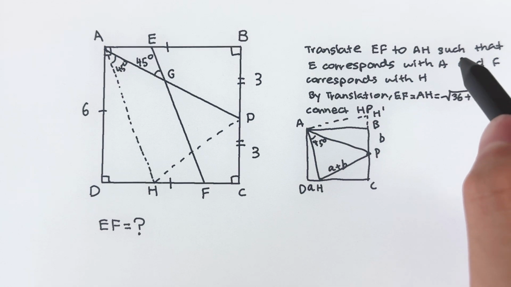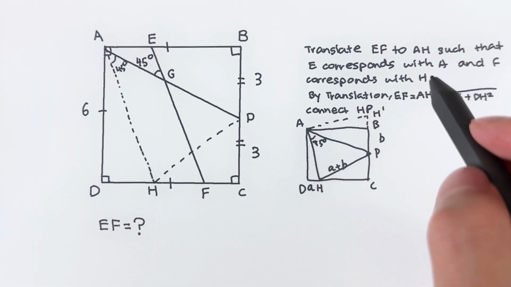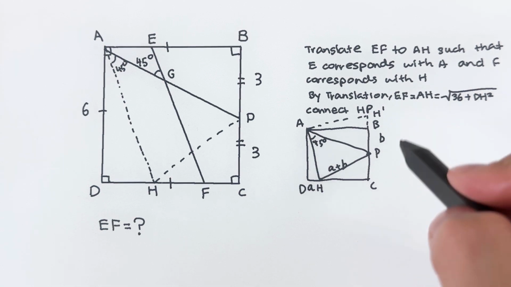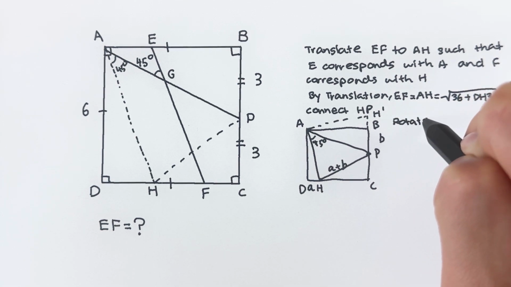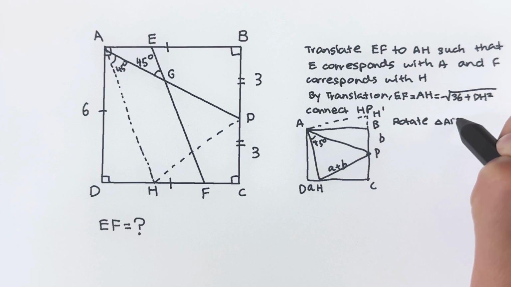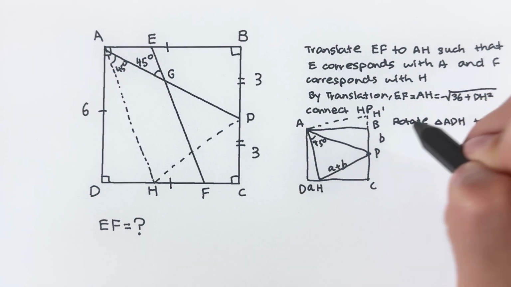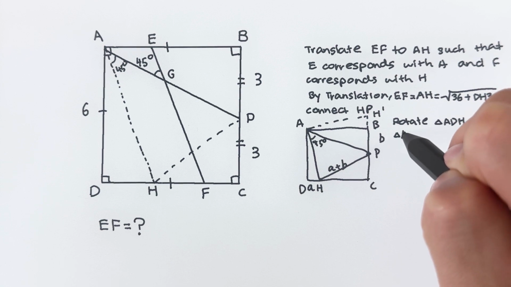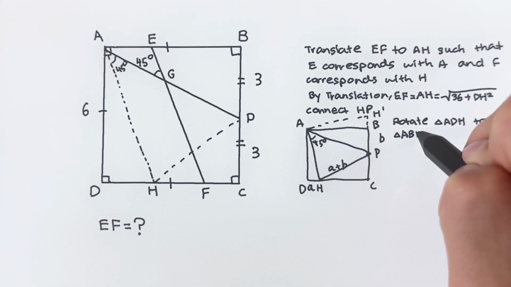Well, we want to prove that triangle AHP equals triangle AH prime P. So we just rotated triangle ADH to triangle ABH prime.